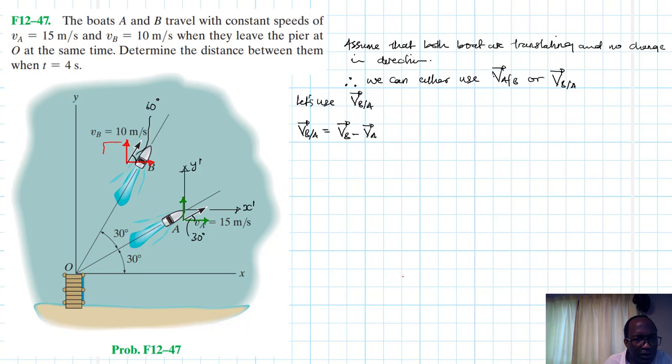Therefore, this is going to be equal to VB sine 60, and this one will be VB cos 60. And this one here is going to be equal to VA sine 30, and this one here is VA cos 30.